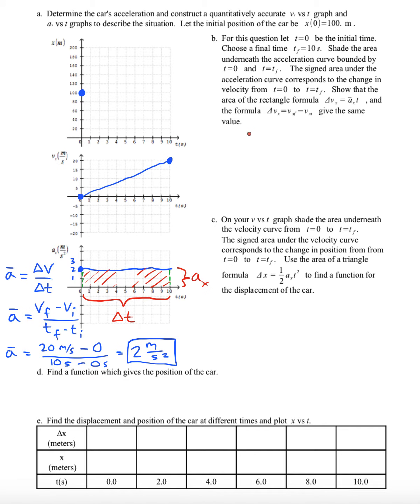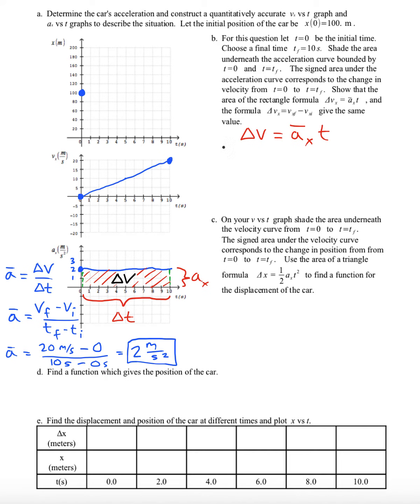Well, according to the formula, delta v equals acceleration times time, this would produce a change in velocity. And so that is the meaning of the area under the acceleration curve. It's the change in velocity of the graph above.